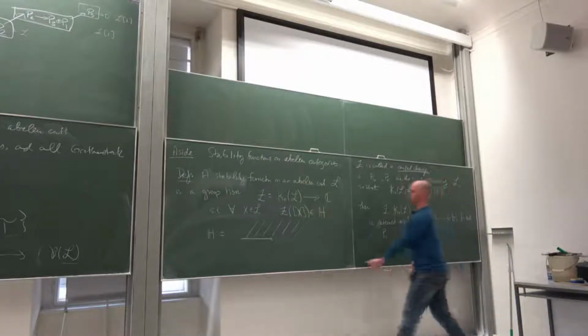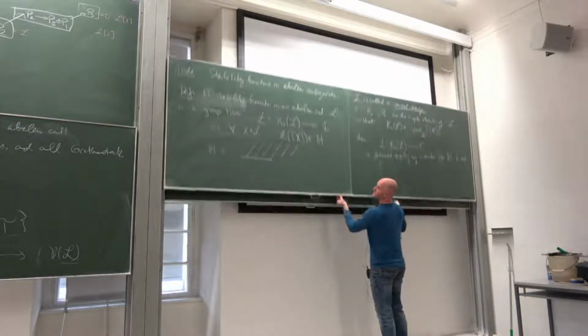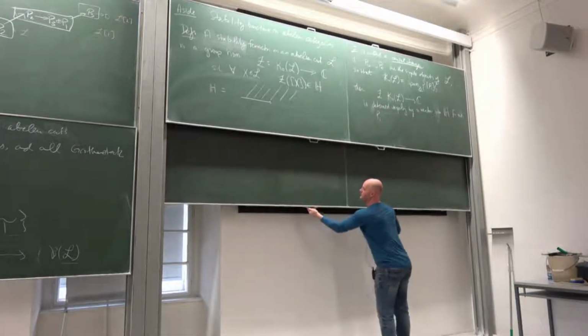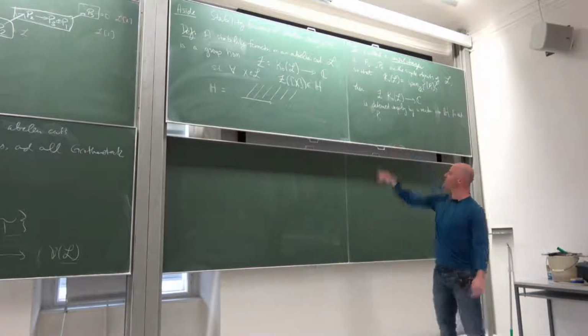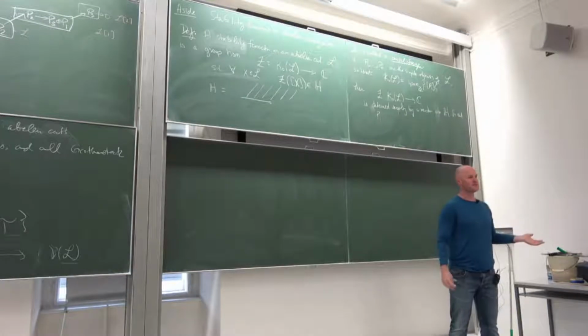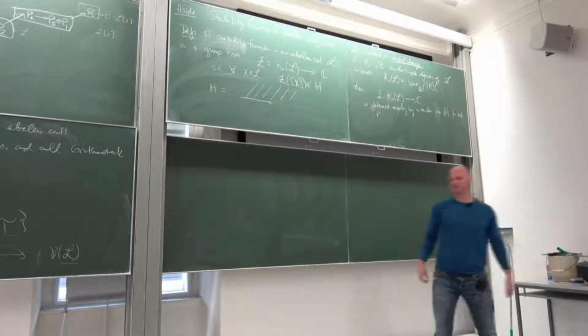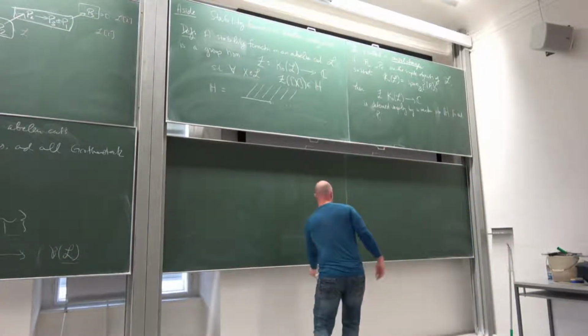Right? If you want a central charge on an abelian category, you need a group homomorphism. That homomorphism is determined, since it's a free abelian group, by where it sends a basis. And the only condition is that each basis element has to go to the strict upper half plane.